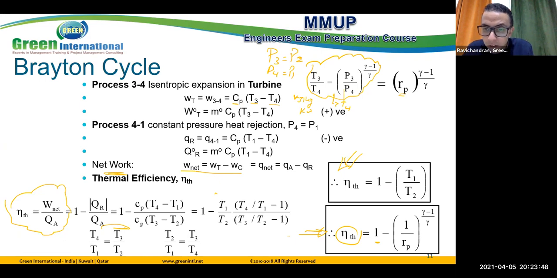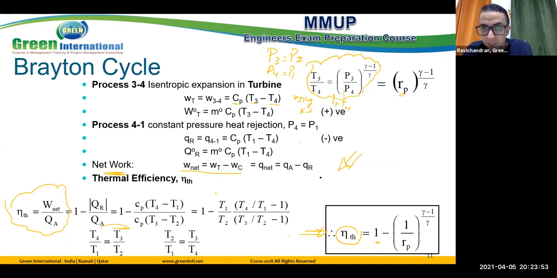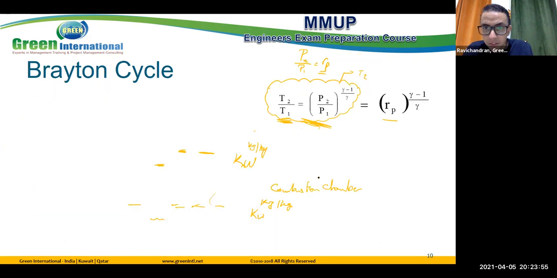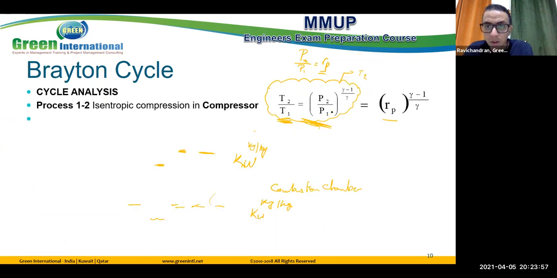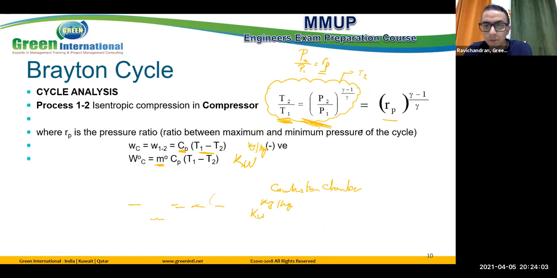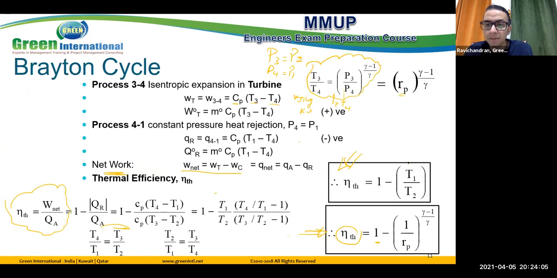What is T1 over T2? If you go back here, T2 over T1 is RP, so T1 over T2 is 1 over RP. This is what we see here: T1 over T2 is 1 over RP to the power gamma minus 1 over gamma.